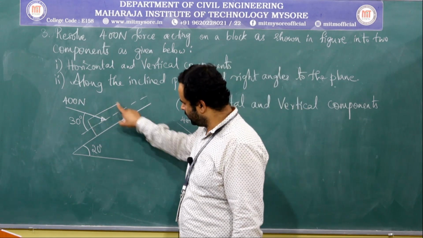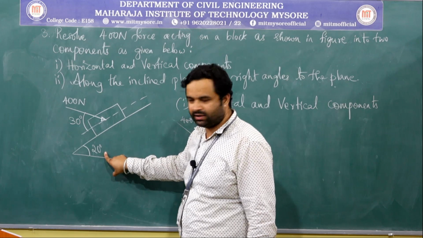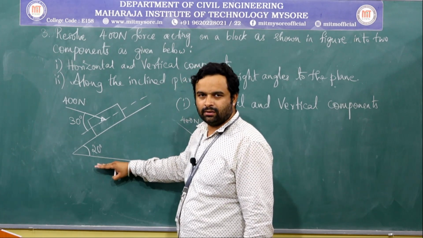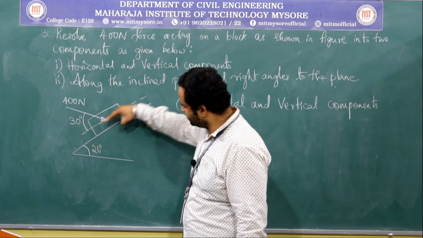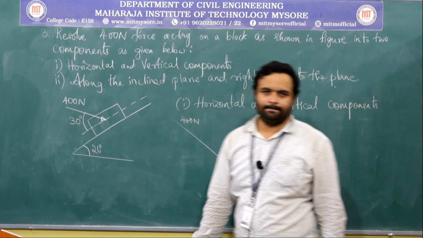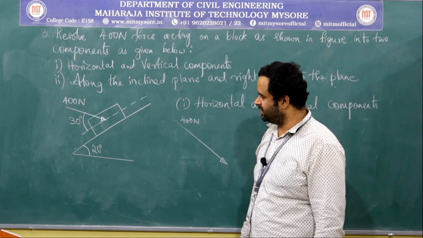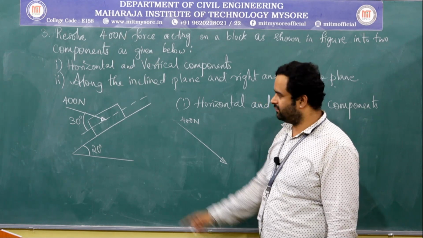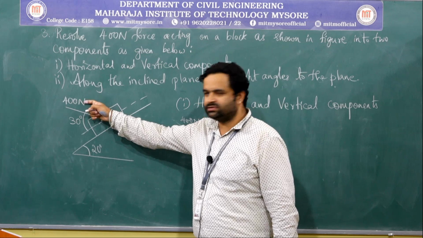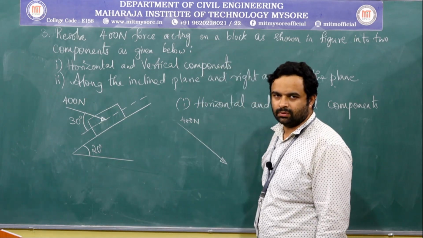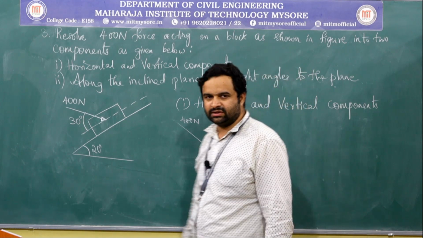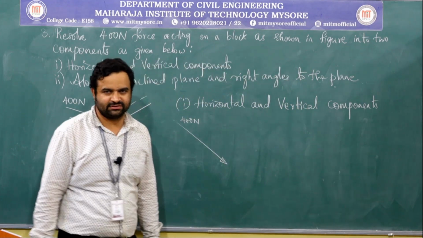This block is inclined at an angle of 20 degrees with respect to the horizontal, and this force is inclined 30 degrees with respect to this line. Now, what will be the angle of this 400 Newton force with respect to this horizontal? Okay. So, that needs to be calculated first.